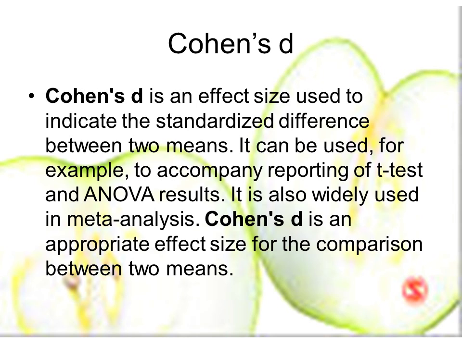Like I said, in health sciences you see that quite often. Cohen's d is an appropriate effect size for the comparison between two means. So that's a definition that I want you to kind of put in your head. If you're going to use Cohen's d, it's going to be the effect size for the comparison of two means.